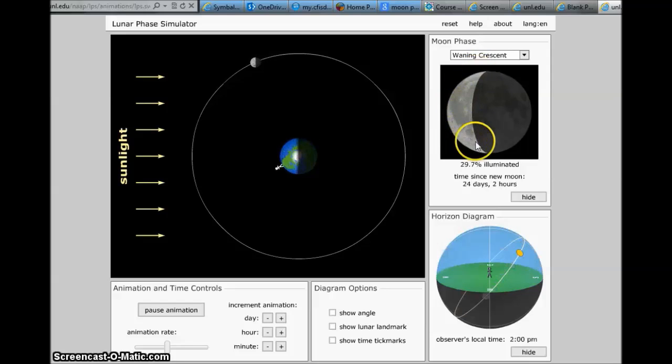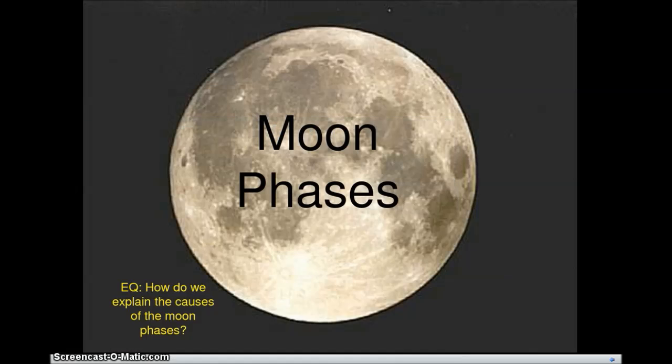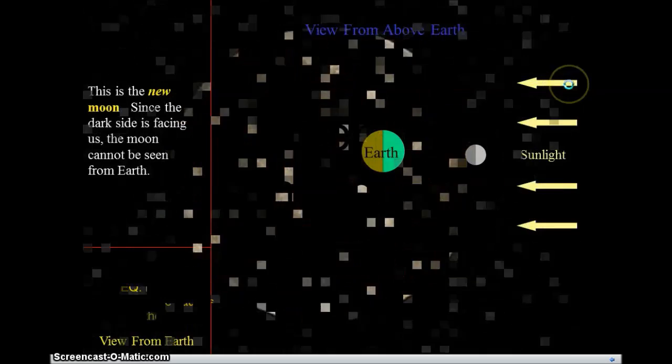And then, again, the light is still on the left side, so it's waning, and now it's a waning crescent. And then 28 days since the beginning, the moon moves back into its new moon position. And you can rewind and play that through as many times as you would like.